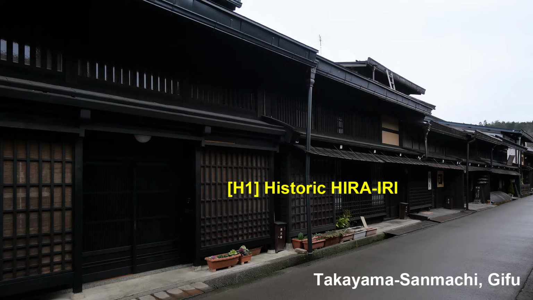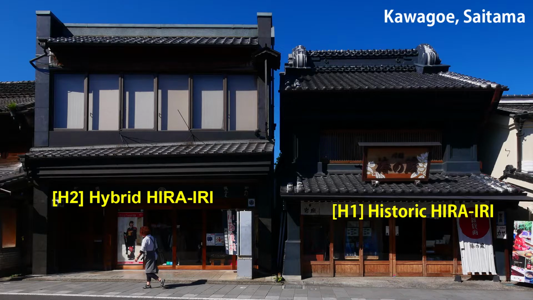The most common type was historic hira-iri with eaves, which includes not only original historic houses but reconstructed or newly built with traditional materials. When hira-iri does not have traditional materials, we classified it into hybrid hira-iri.